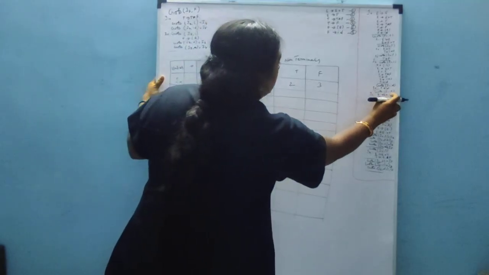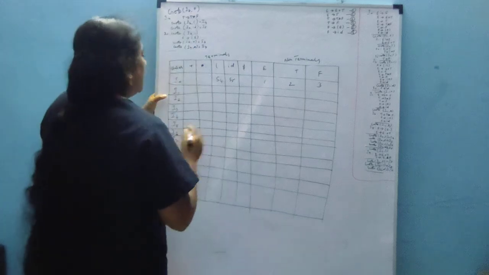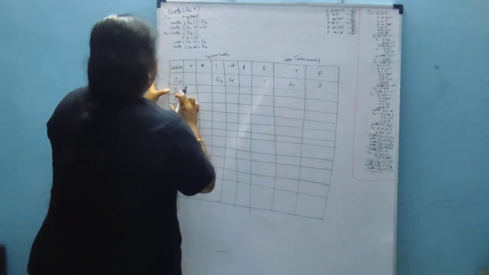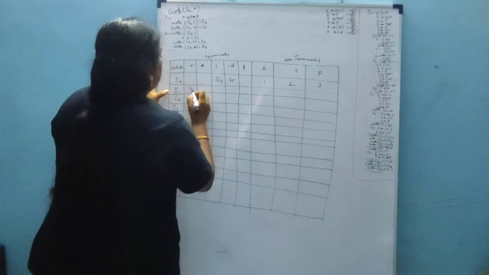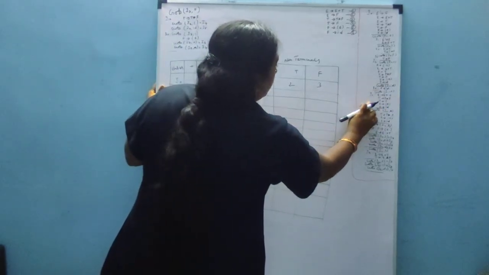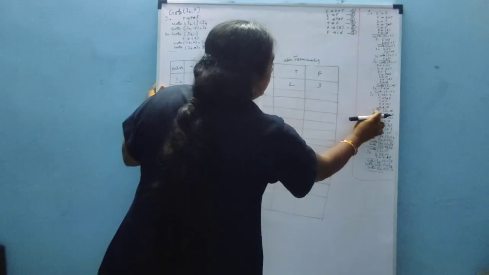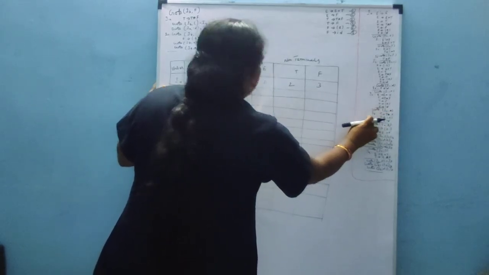I1 comma plus, a terminal, so S6. Then I2 comma star, S7.